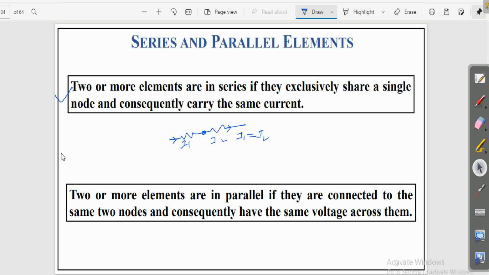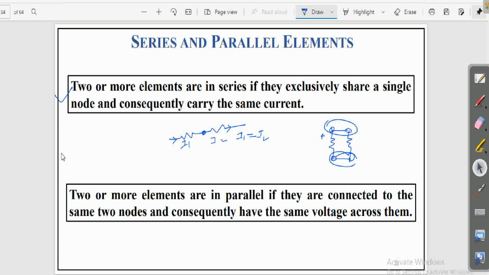Next, 2 or more elements are in parallel. This is one, this is one. These two are in parallel if they are connected to the same nodes. So this is a node, this is a node, this is a node, this is a node. These two are the common nodes. Connected to the same nodes, they consequently have the same voltage across them.